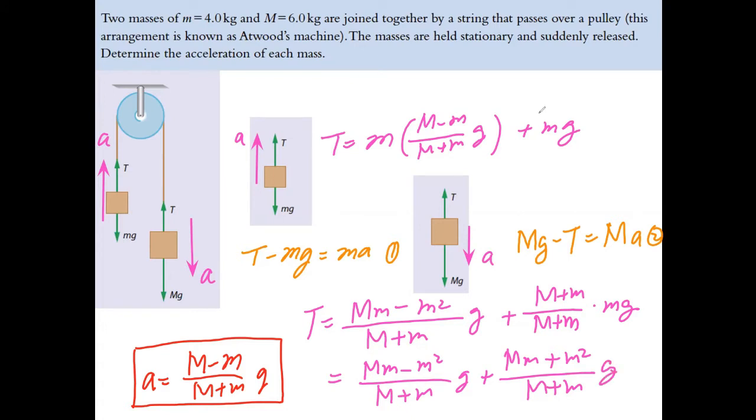Since the denominator is the same, terms cancel out and we get the tension equals 2 m1 m2 over m1 plus m2 times g. That's the tension.